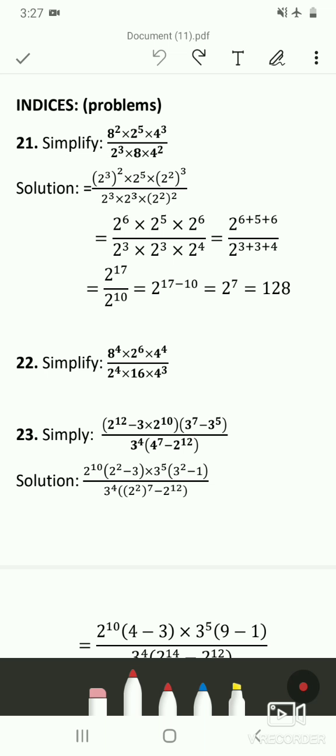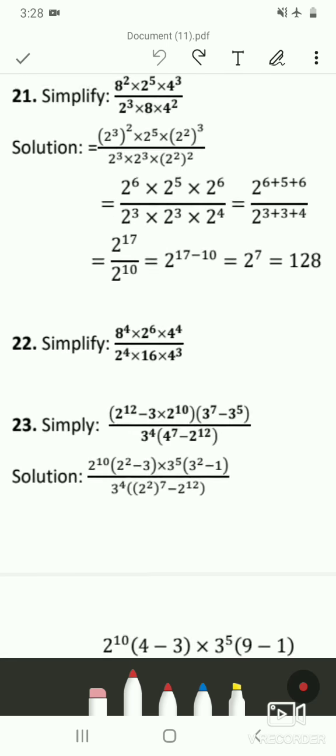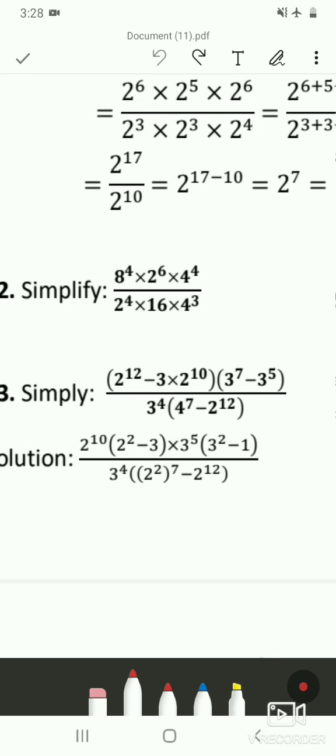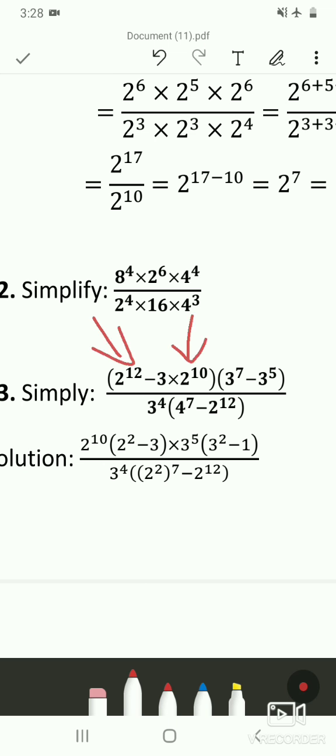The next problem is: simplify (2 raised to 12 minus 3 into 2 raised to 10) into (3 raised to 7 minus 3 raised to 5) upon (3 raised to 4 into 4 raised to 7 minus 2 raised to 12). In these types of examples, you can see 2 raised to 10 and 2 raised to 12.